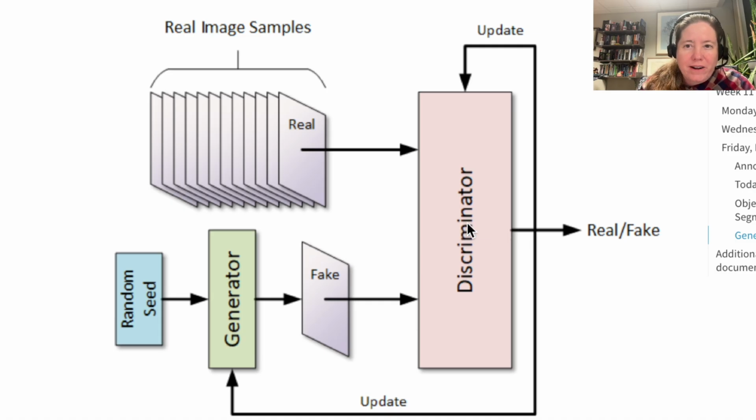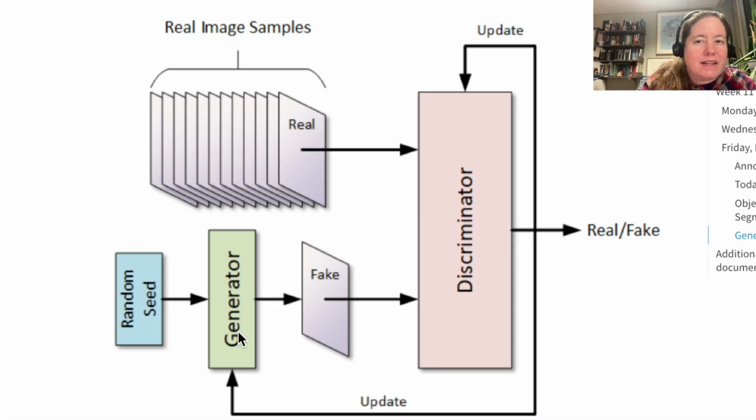If the discriminator correctly identifies real and fake, then it is reinforced, but it isn't given a huge amount of loss. If it is correct about it being a fake, then the generator is updated with a large amount of loss because it lost that round, right? It presented a fake and the discriminator called it fake, so it loses.